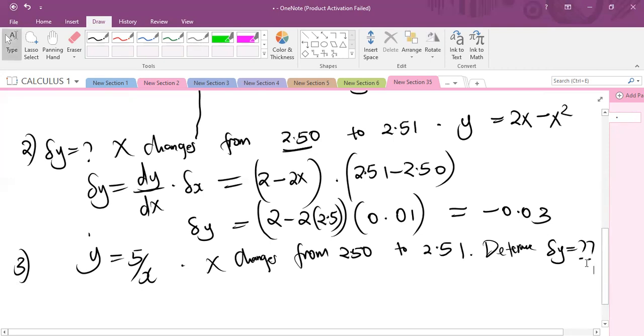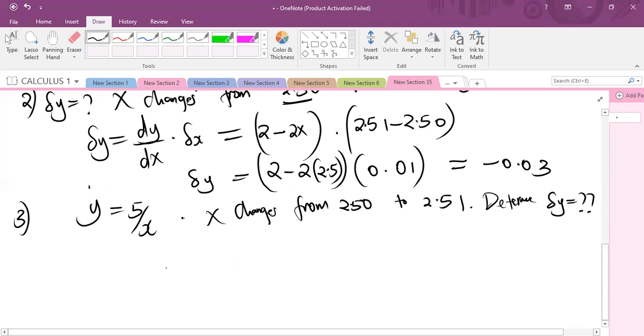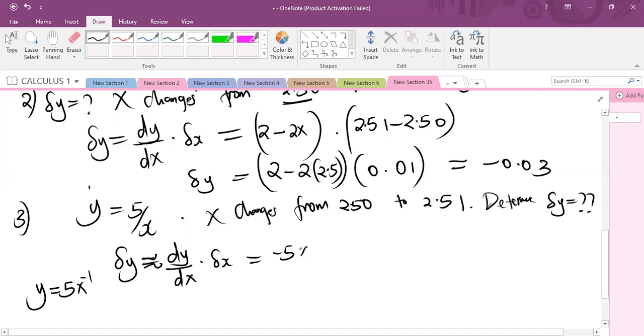So from the original formula, small change in y is approximately equal to dy/dx multiplied by a small change in x. What is our dy/dx? I'll write first of all y as 5x raised to power minus 1, if you bring this x up. So differentiating that to get dy/dx, we have minus 5x raised to power minus 2. Then multiply this with the small change in x. x is changing from 2.50 to 2.51, so the change is 0.01.